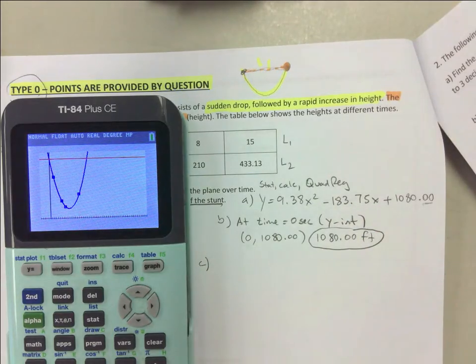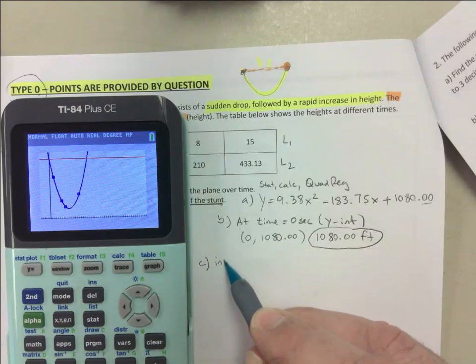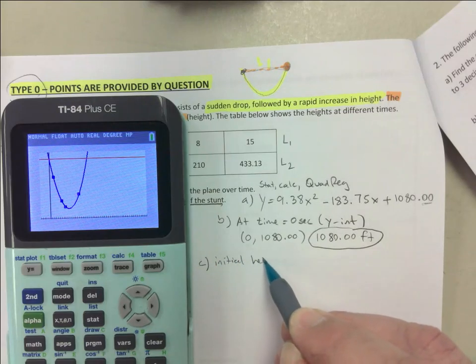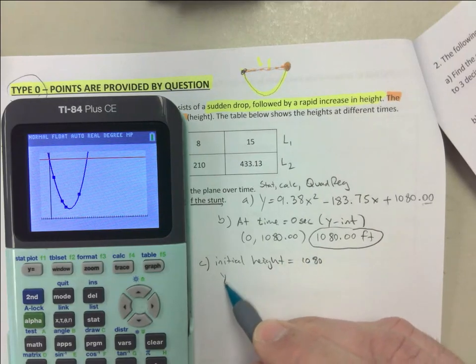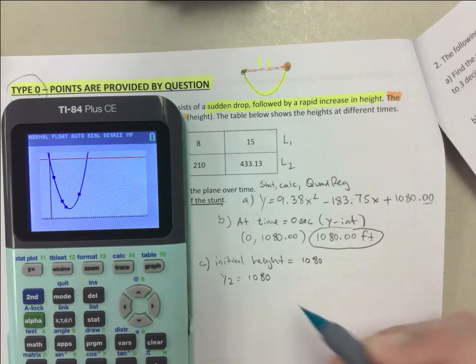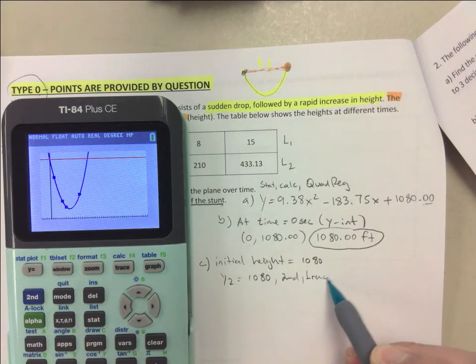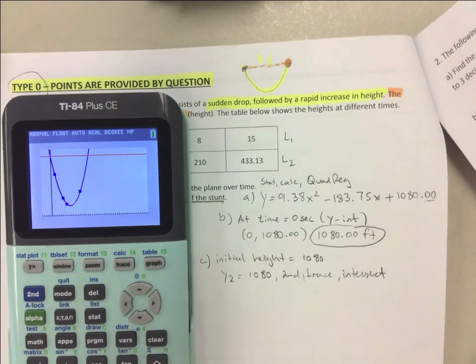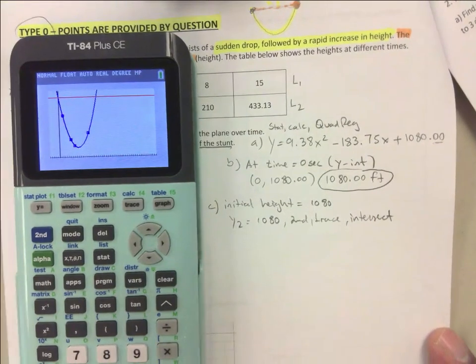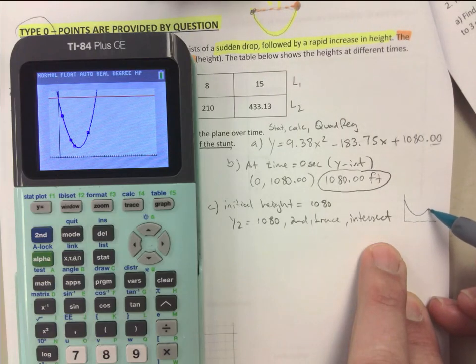So let me put this down on paper so you know what to do next time. Initial height is 1,080. So we let y2 equal to 1,080. And then we're going to go second, trace, intersect. And just so you have a little visual here on the side, I'm going to make this thing appear.